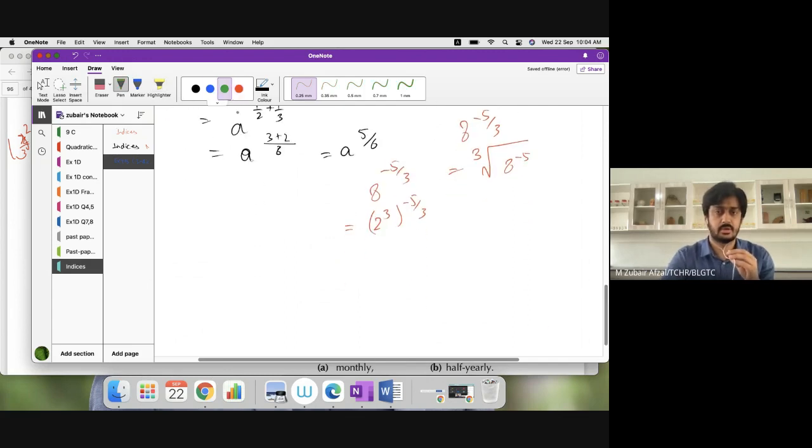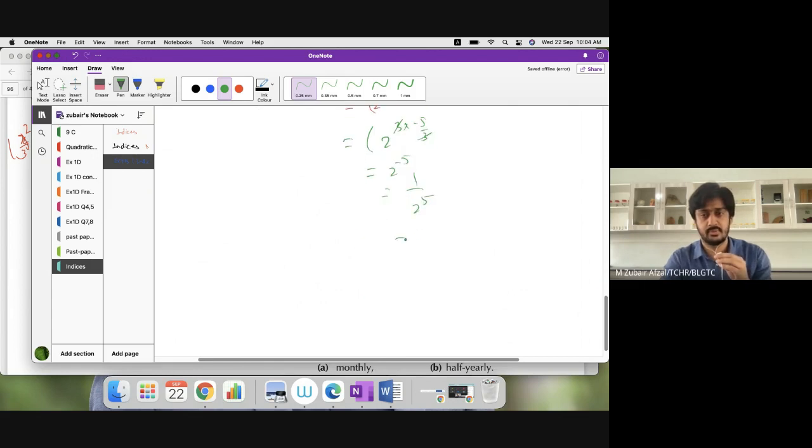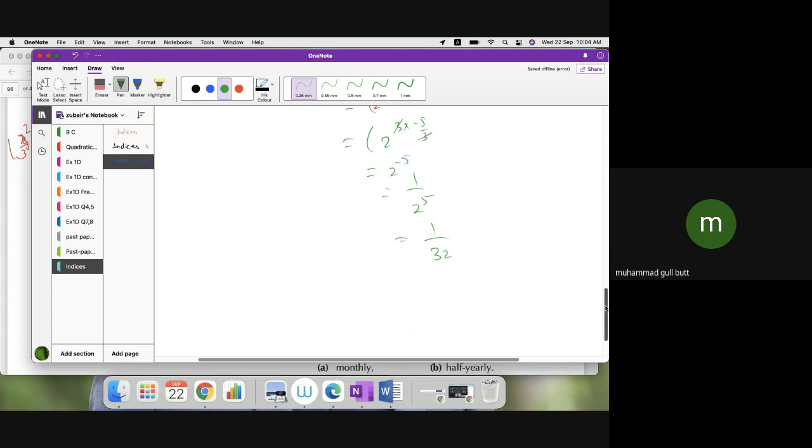This is more convenient. So multiplying the powers, this is 3 into minus 5/3. 3 cancels out and we're left with 2 raised to power minus 5, which is 1 over 2 raised to power 5. What is 2 raised to power 5? Multiply 2 5 times. 2 2 times is 4, 4 2 times is 8, 8 2 times is 16, 16 2 times is 32. So 32.